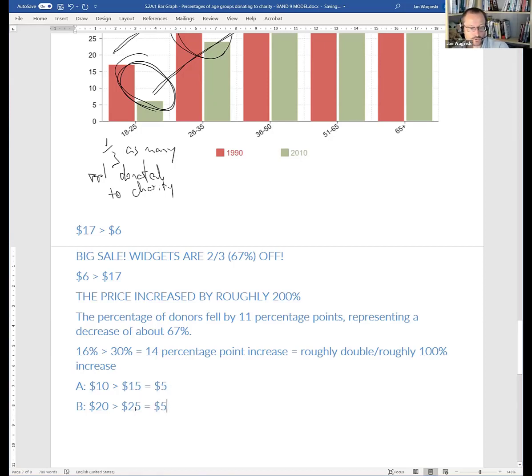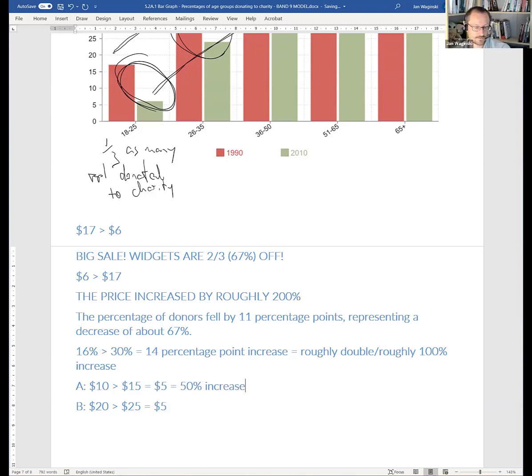So they both got $5 an hour more. So just saying employee A received a raise of $5 and employee B received a raise of $5, that's not a useful comparison, right? That's just not useful for any kind of comparison. What is the percentage difference for employee A? Why is employee A so happy? 50%. Yes.